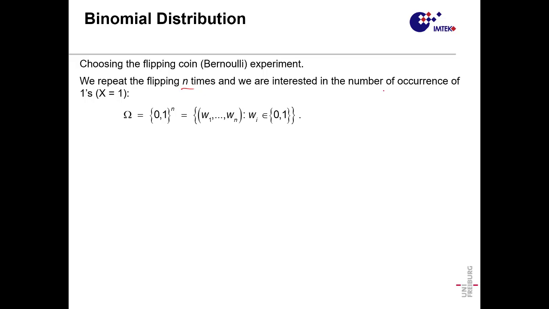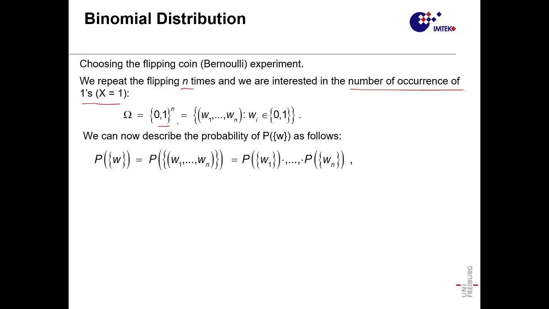And you're interested in the number of occurrences of, let's say, tails, 1. So our omega will be all the combinations of 0, 1 in n repetitions.